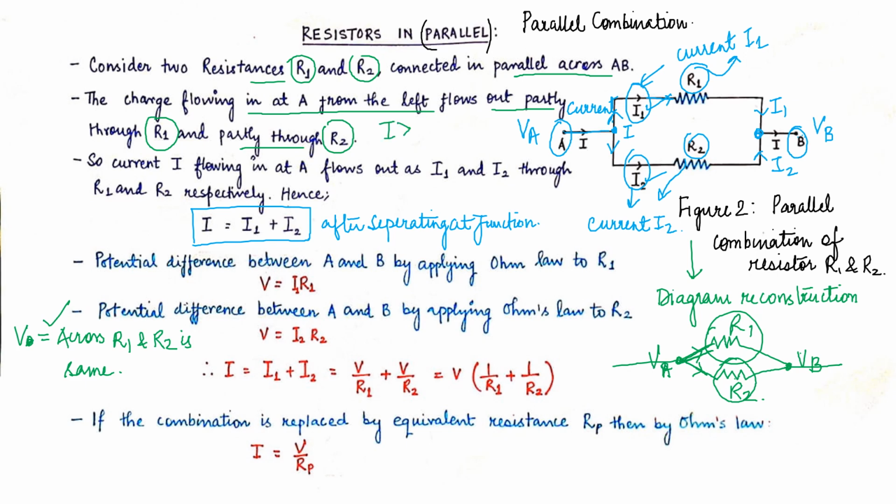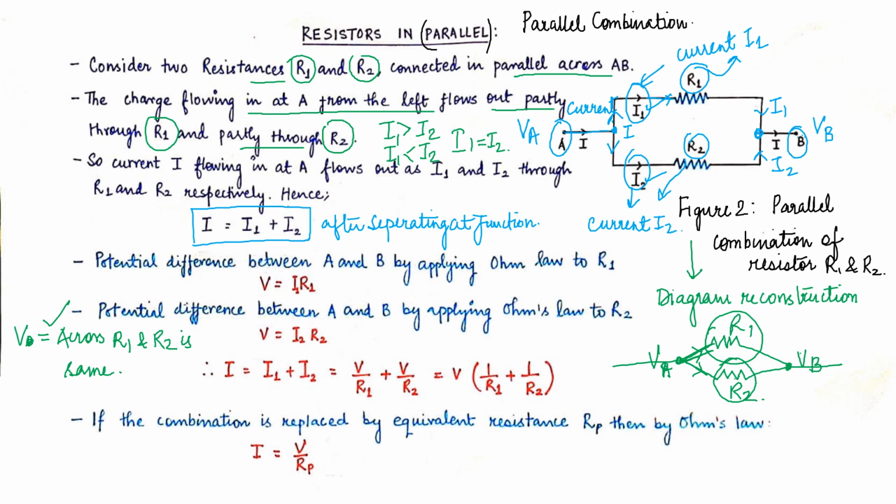I1 can be greater than I2, I1 can be smaller than I2, and I1 can be equal to I2. We are dividing the current as per the law which we will be studying in the upcoming sections. It's generalized that we need to divide.